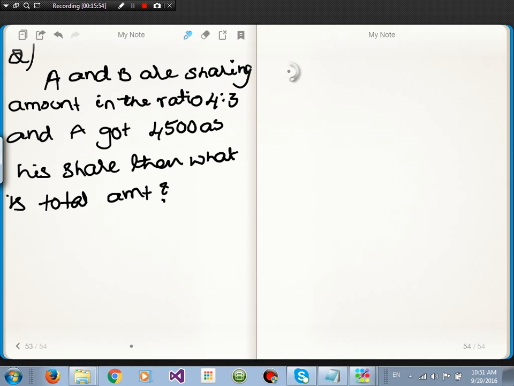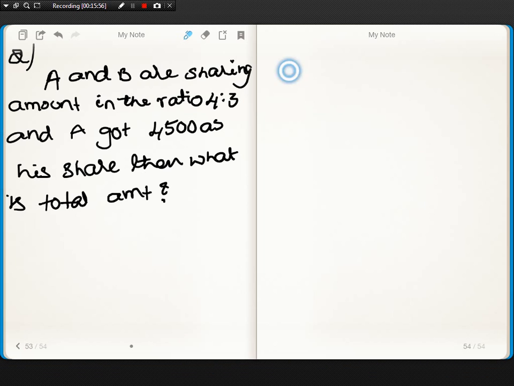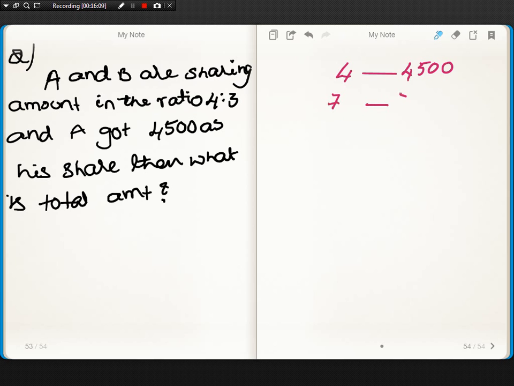Now we can write it as 4 parts are equal to 4500. Now we are expecting 7 parts, the total amount. Now 7 by 4 into 4500. How much is the amount you are going to get?